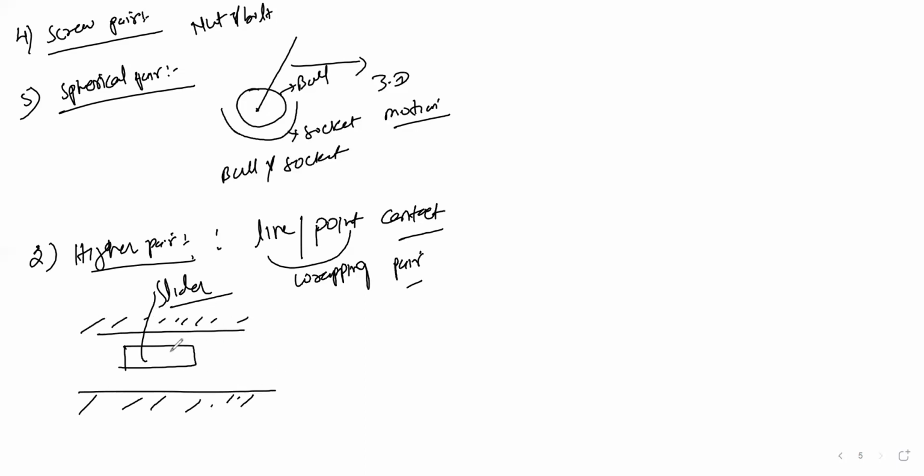So the slider is one example, or else we can say cam and follower is one more example. Here there is a cam, and the follower, I'm going to assume, is a roller follower.